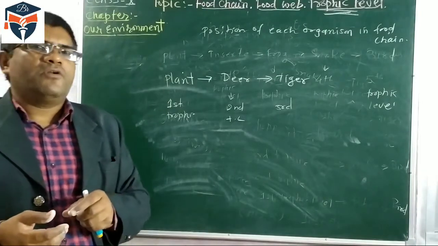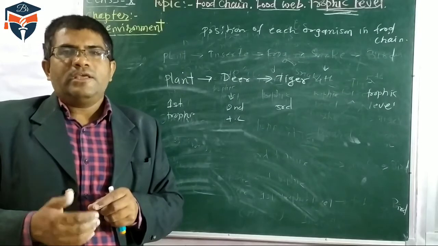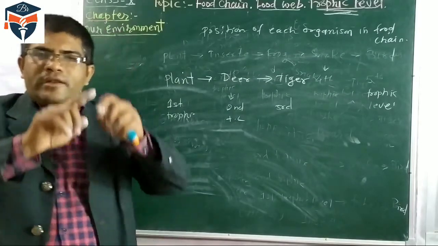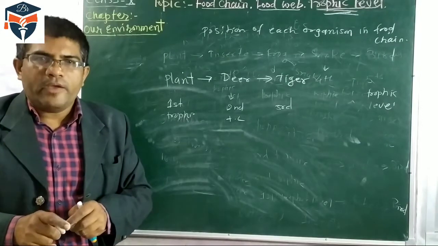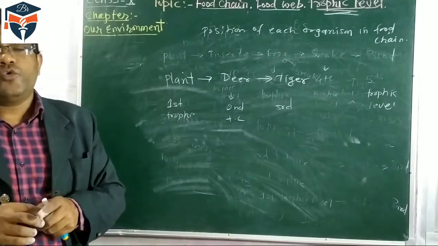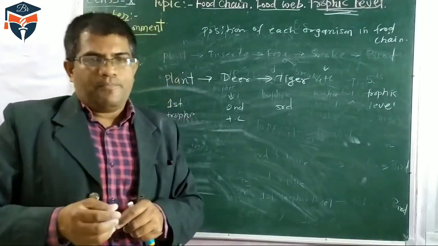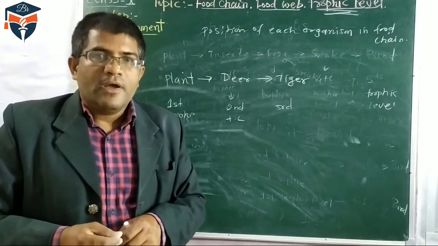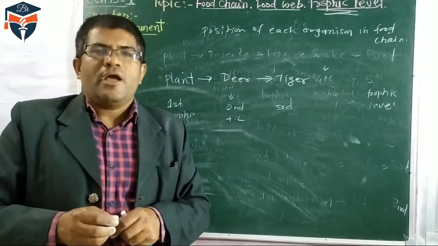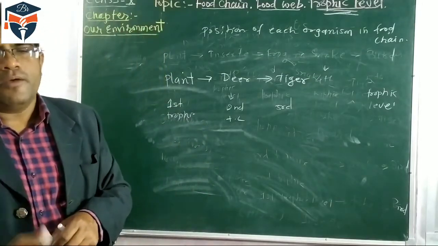In grazing food chain we have learned forest food chain, pond food chain, as well as grassland food chain. And the network of food chains is known as the food web. Many food chains are connected to each other to form the food web, and this food web provides stability to the ecosystem. And the place and position of an organism in a food chain is called the trophic level. Thank you.